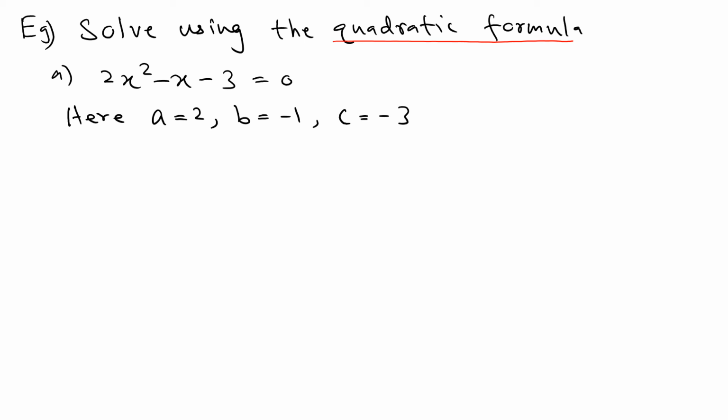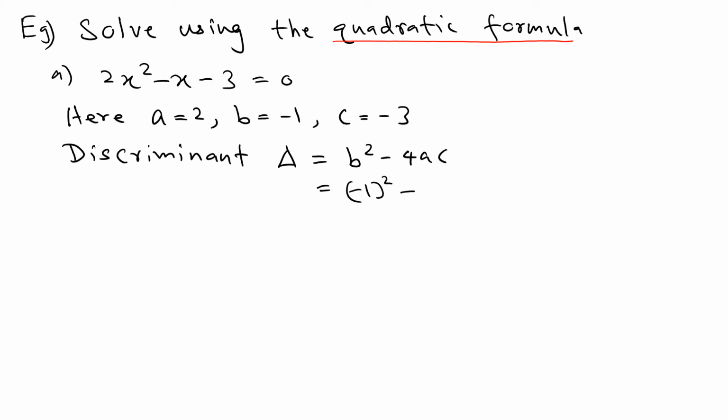Let's look at the discriminant, which is delta equals b squared minus 4ac. We plug in: (-1) squared, because b equals -1, minus 4 times a, which is 2, times c, which is -3.